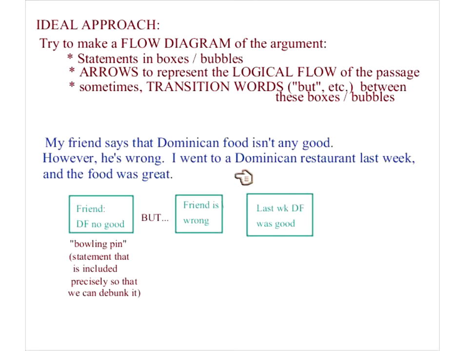And then we've got to figure out which way the arrow goes here. All right, because the way the logical flow works is either this statement supports that one or that one supports this one. So go ahead and tell me in the text box, do you think statement 1 supports statement 2, or do you think statement 2 is used to support statement 1? Go ahead and tell me in the text box.